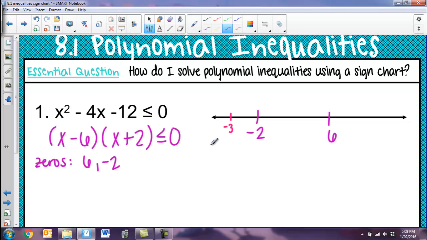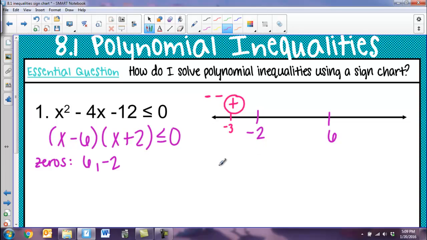I don't really care what my answer is, I just want to know if it's positive or negative. So I'm going to plug it into the factored form. If I did negative 3 minus 6, I would get a negative. And if I did negative 3 plus 2, I would also get a negative. A negative times a negative is a positive. So over here on this part of my graph, I would have positive.